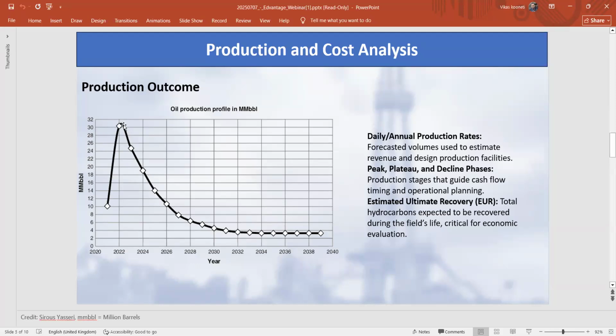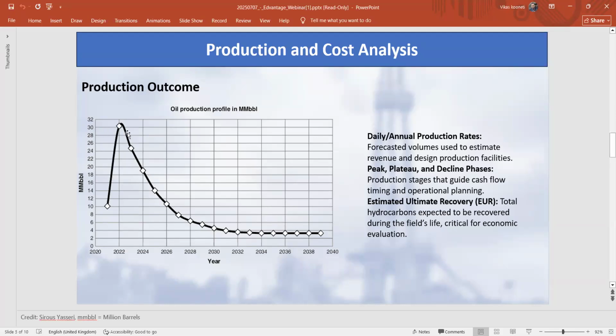At this point you can stop your primary recovery, because this is where primary recovery is going to end. Maybe here you see 10 million barrels, 12, 15, and go up to 30 or 32 million barrels. Each field is different. Sometimes this curve can be a bit lengthier or thicker, sometimes a bit thinner as well.